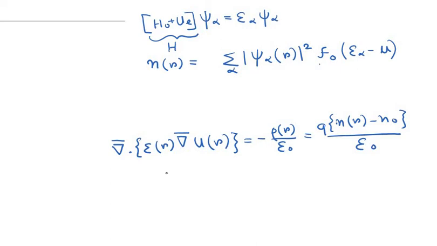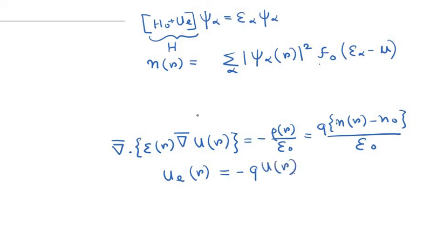And then UE is basically equal to minus q times the potential UR, which should again be a spatial variable.